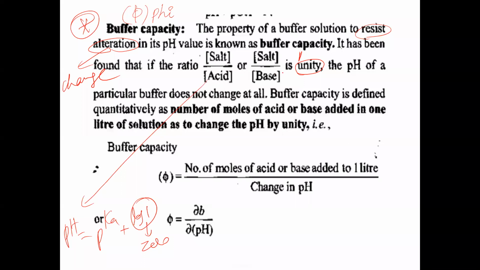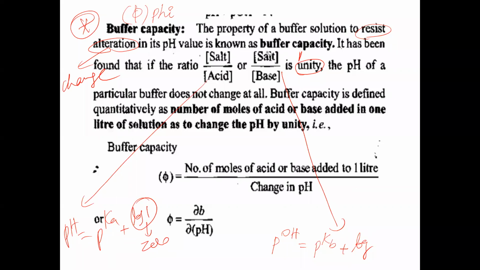Similarly, for basic buffer, what do we take? pOH we take. So pOH of basic buffer is equal to pKb value plus log salt by base concentration.